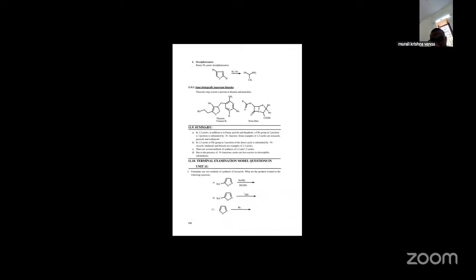Thiazoles unsubstituted at the second position react with sodamide in liquid ammonia to form 2-aminothiazole. Some biologically important thiazoles: vitamin B1, thiamine, contains a thiazole. Penicillin also has the thiazole ring present.